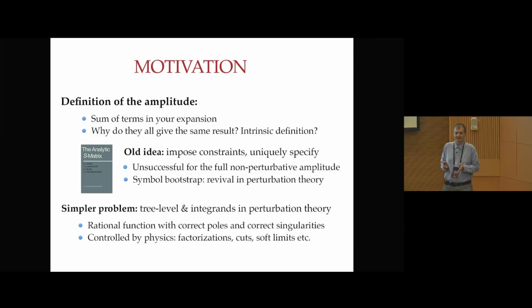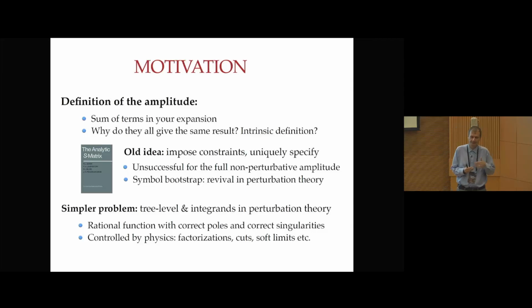This was unsuccessful back then because the question was also extremely hard. They asked the question about some pion scattering non-perturbatively, to all loop orders, which was extremely hard, and they couldn't find enough constraints to uniquely specify these amplitudes back then. But this idea actually comes back in the recent one to two decades in many different implementations.